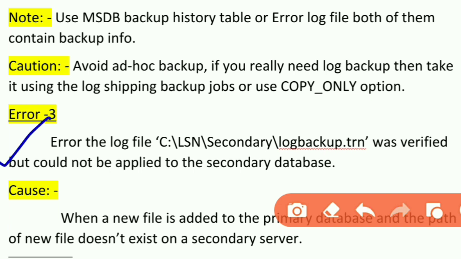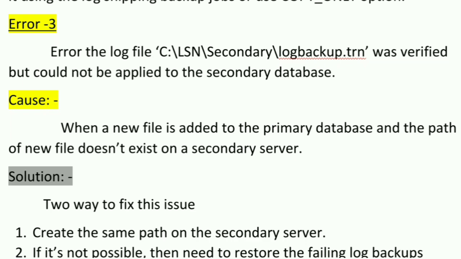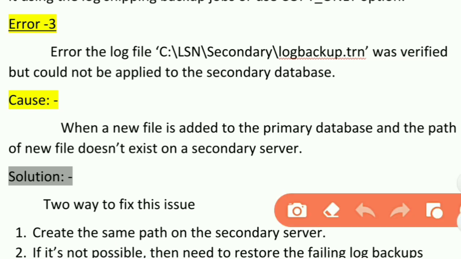Now error 3, which is also very important. Normally we get an error in the log file like "the log backup .trn was verified but could not be applied to the secondary database".